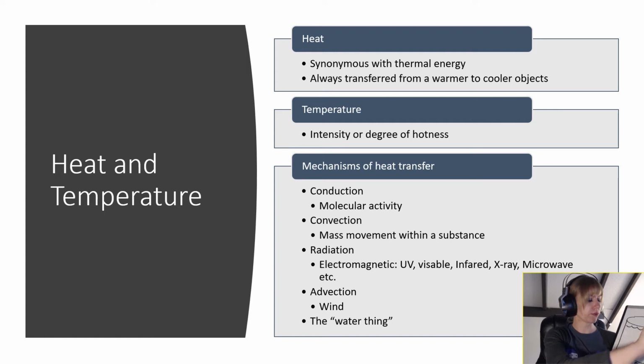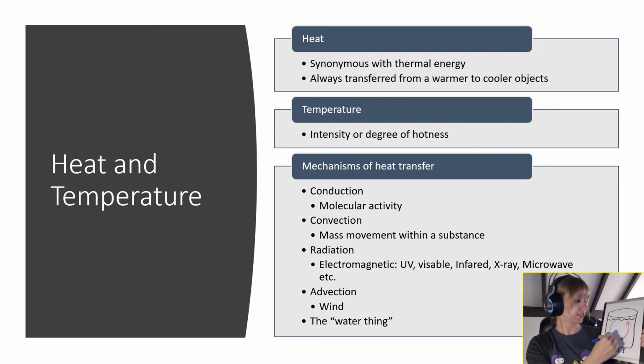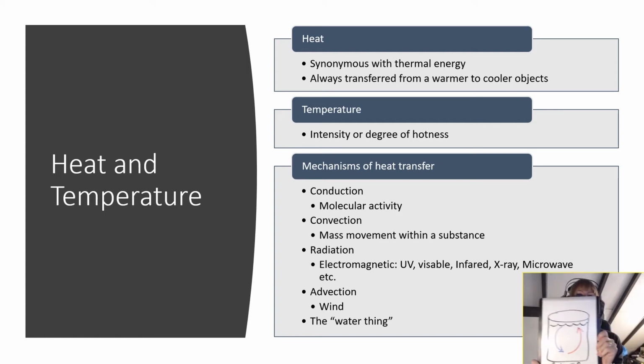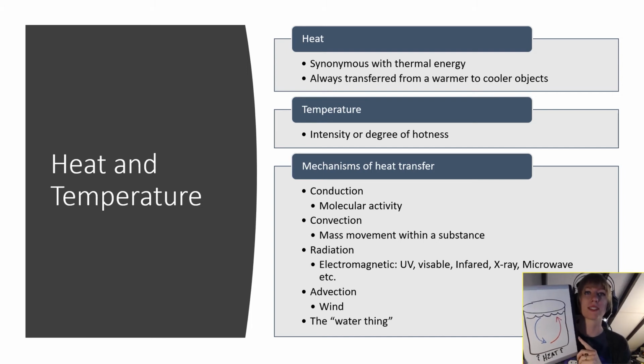So it's going to rise, and cold will always sink. And that is how convection works. It's not just liquids, it's not just gases, it's both. So as something heats up and it goes up, it forces the colder to come down. And this happens in our atmosphere itself, and it's part of why we get sea and land breezes.